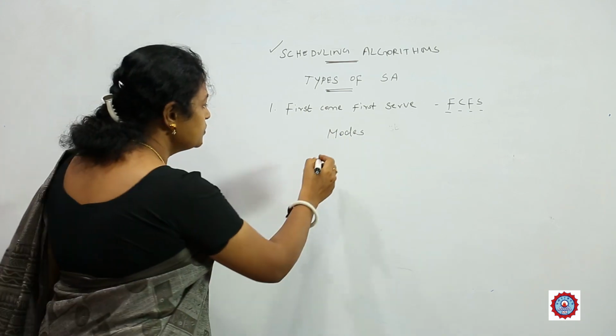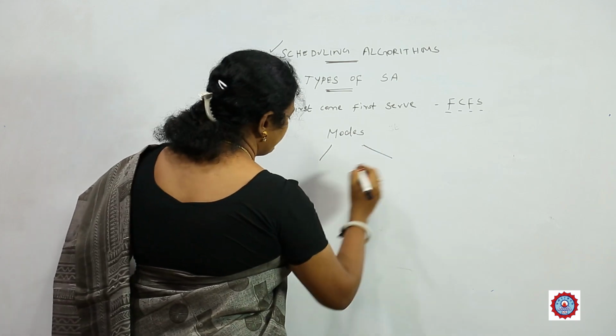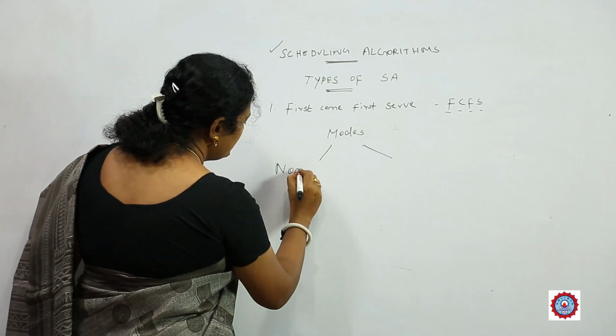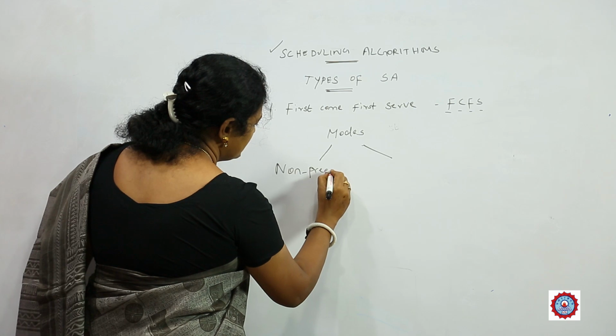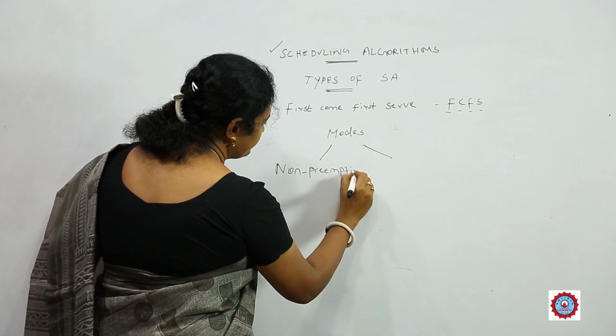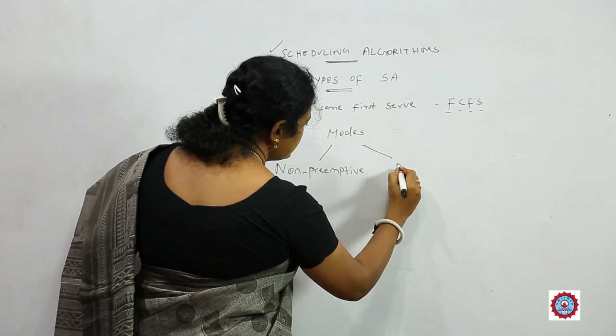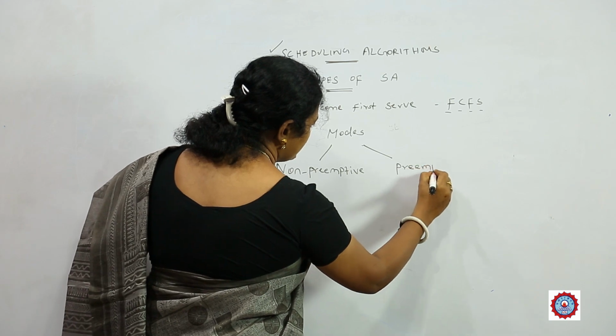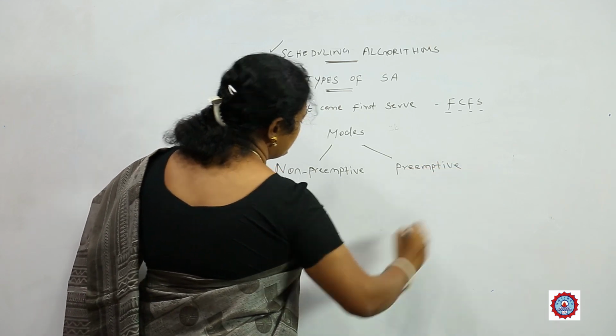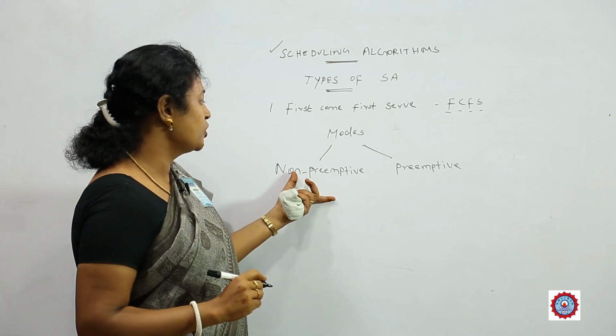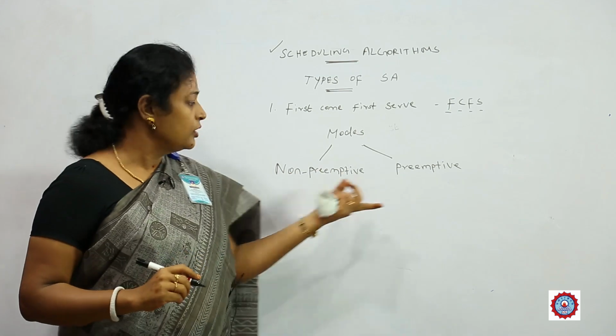One is non-preemptive and the other one is preemptive. So, what actually do non-preemptive and preemptive mean?